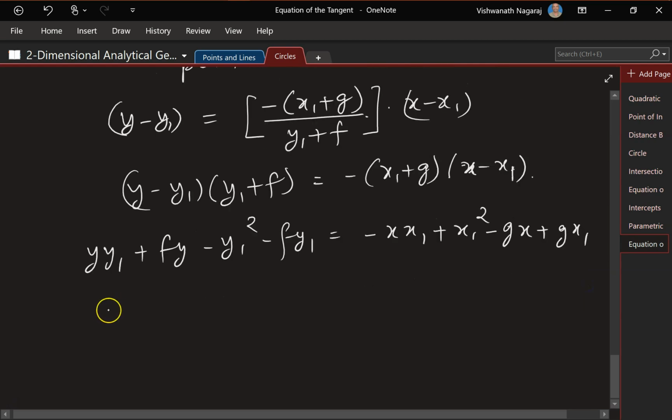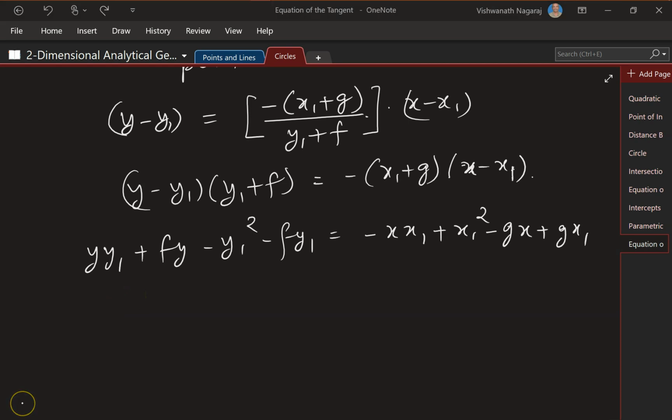Let's rearrange this and let's multiply both the sides by, now let's shuffle them around.